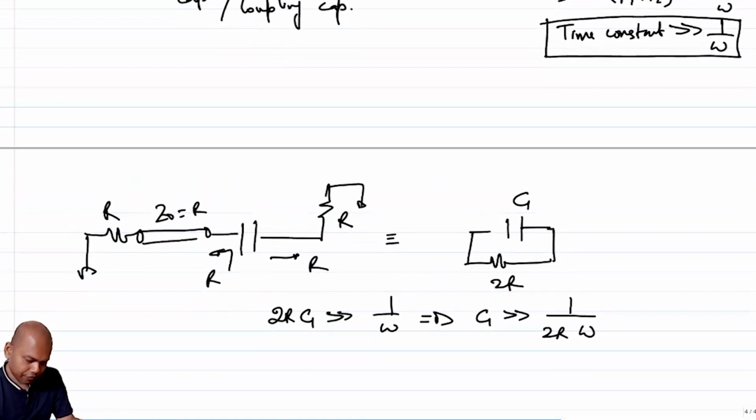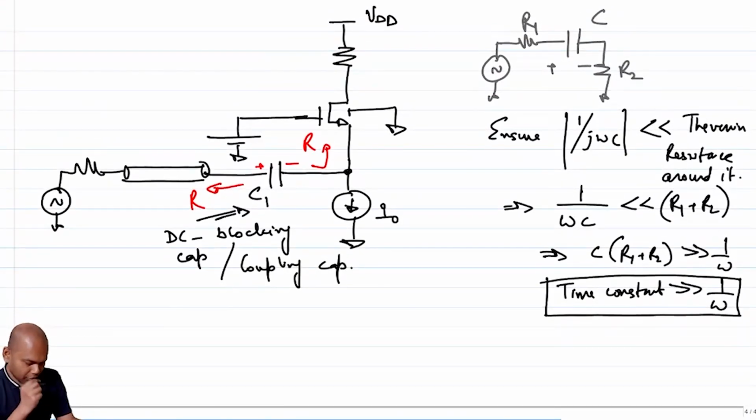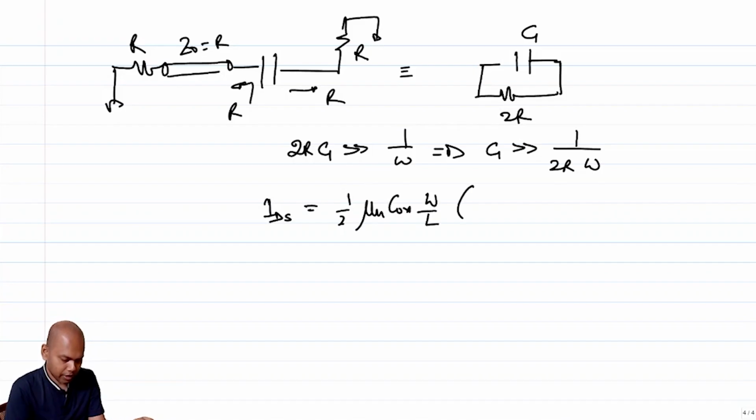So we have found out the value of C1. That's good. How do I choose the value of I naught? If this is a long channel device, if I neglect channel length modulation, my IDS is equal to half mu n C ox W by L VGS minus VTH whole square.